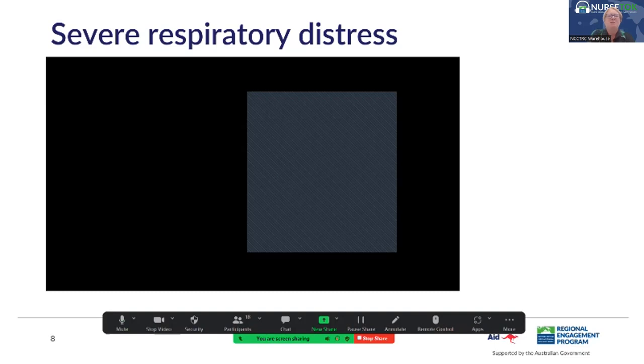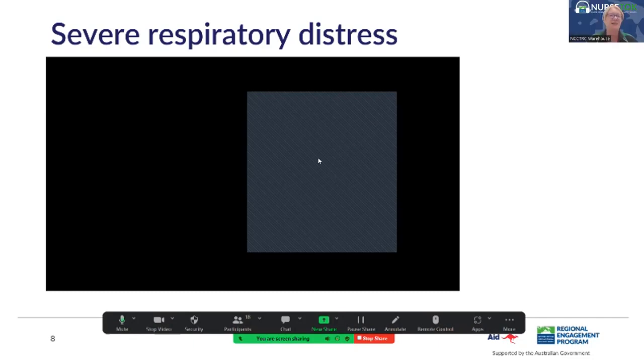What would you do if this patient came to your hospital or to your ward? So someone has said commence on high flow oxygen. Excellent. That's a really good idea. Would anyone else start them on high flow oxygen? We've got some really good answers here.